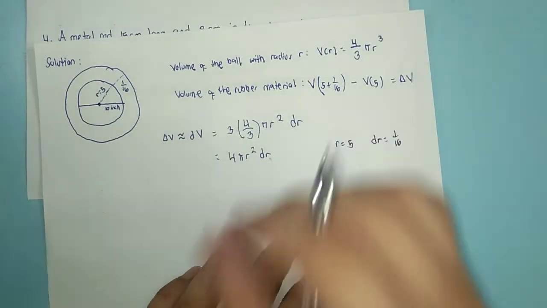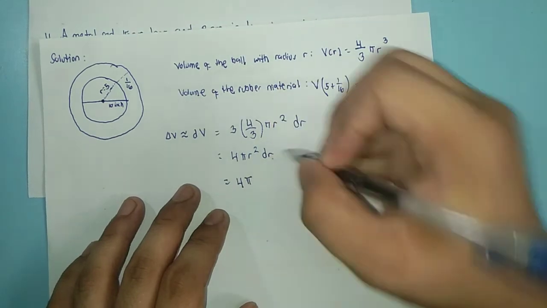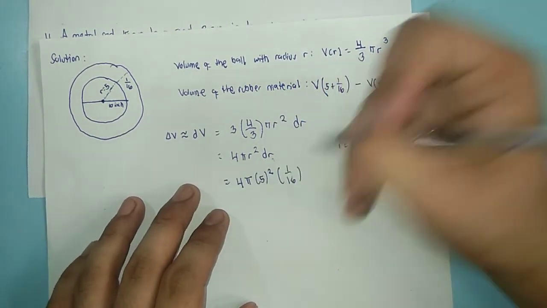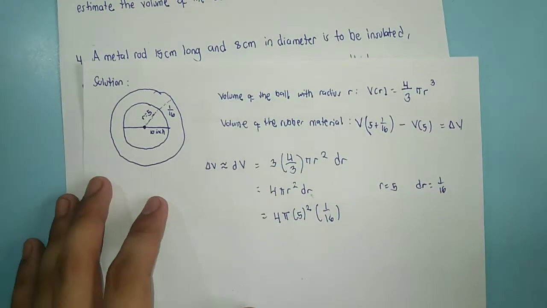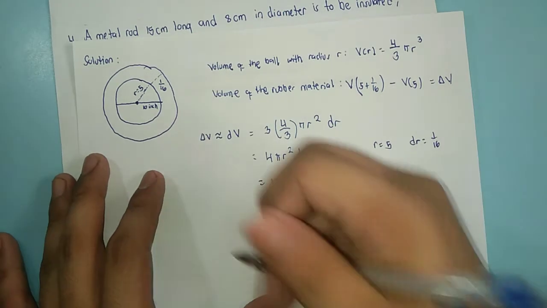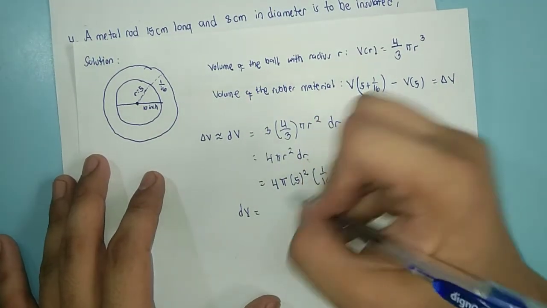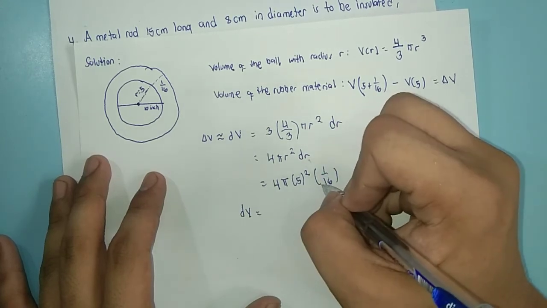So isa-substitute lang natin dito. So that is equal to 4 pi, radius natin, 5 squared, then 1 over 16. So yung estimation ng volume ng rubber material will be, solve lang natin to, that is 25, 4 over 16. So magiging over 4 na lang.